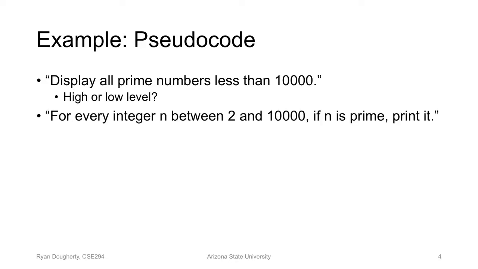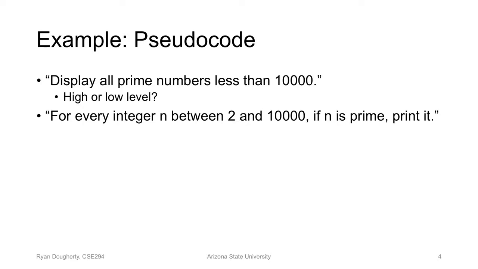What about this one? For every integer between 2 and 10,000, if it's a prime number, then print the number. So is that high or low level? Again, it depends on your perspective. It's definitely less high level than the first one, but it's not quite to the level where we can say, oh, there's some programming construct in there. It's easily implementable, because we know the first part of that sentence, for every integer n between 2 and 10,000.